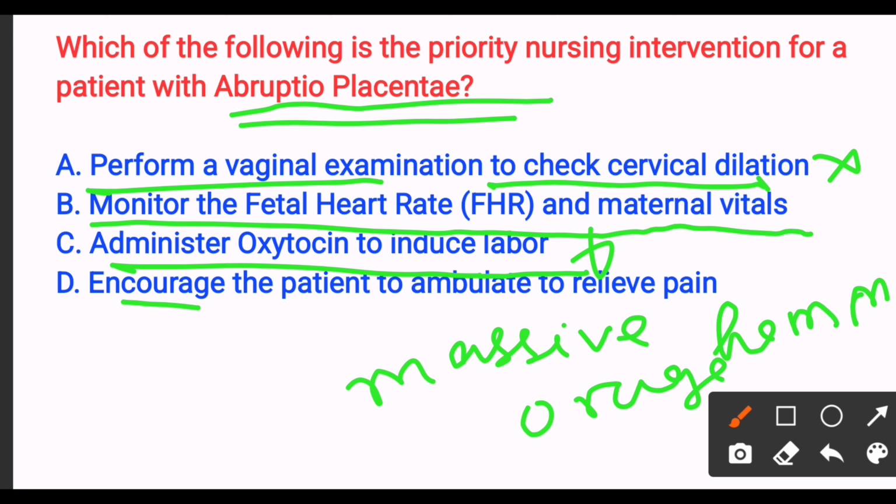The priority is assessing for the fetal distress and the maternal shock. So the answer will be option B. Option B is the correct answer.